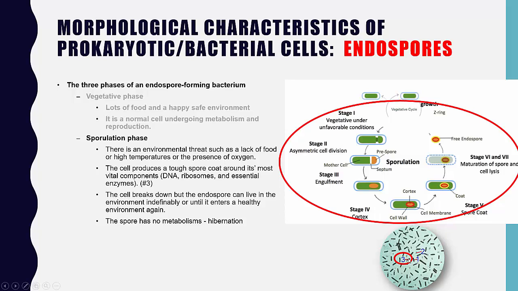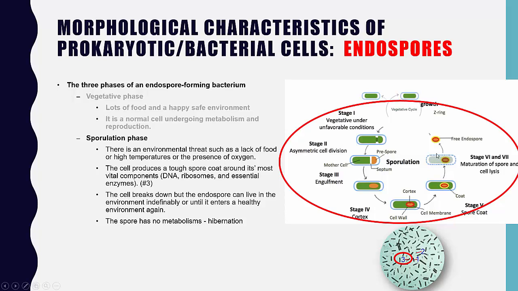So let's look down here, and this would be number 3. Here you can see where the little endospore is being formed. And now the cell will break down. What's left of the cell breaks down, and the endospore is free in the environment. It has a very tough coat wrapped around the essential components that I talked about.